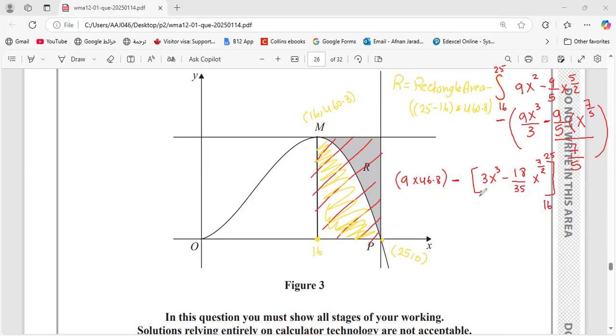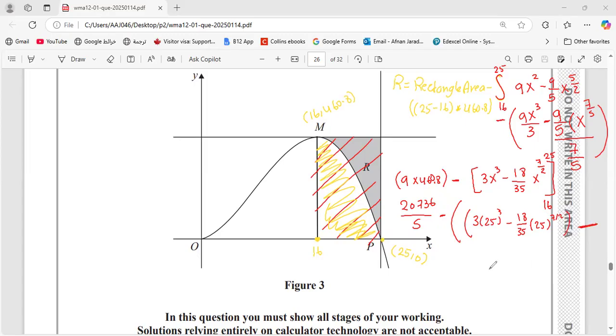in this equation to find the area under the curve. So 9 multiplied by 460.8, let me check, please, equals 4147.2 here. Minus, substituting 25, it's 3 multiplied by 25 cubed minus 18 over 35 multiplied by 25 to the power of 7 over 2.